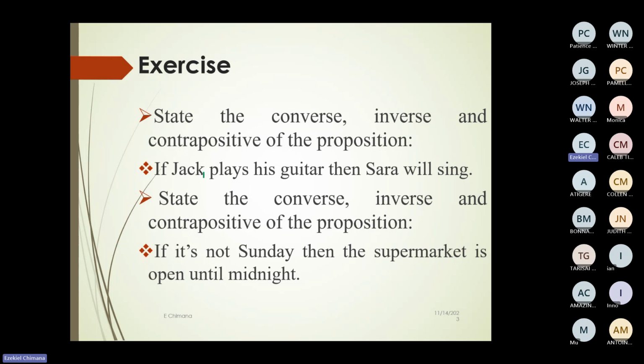So you were saying if Jack plays guitar, then Sarah will sing. If you look at this one, we've got two statements: Sarah will sing and Jack plays guitar.